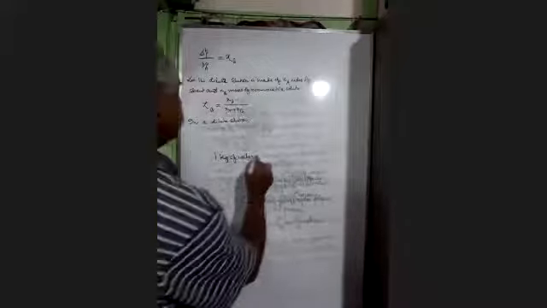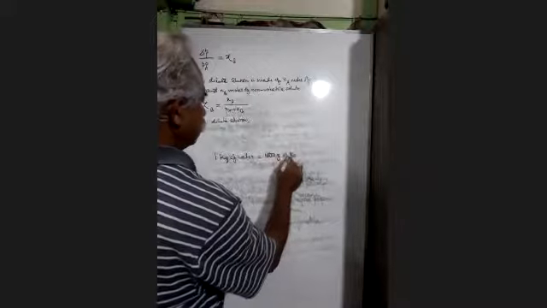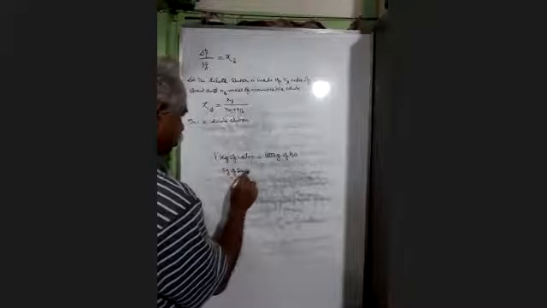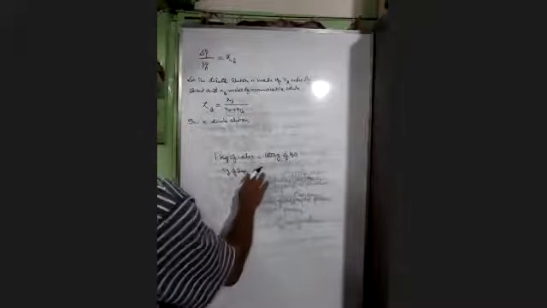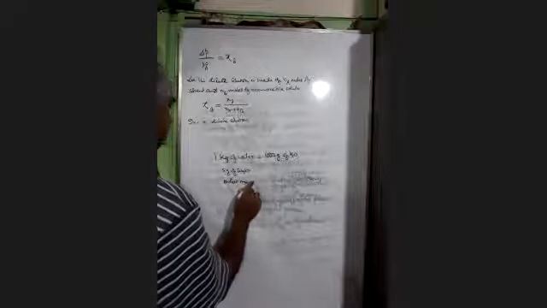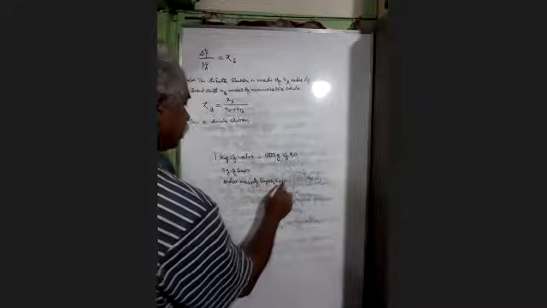Means don't write 100 gram of. There I have added say 5 gram of sugar. Molar mass of sugar, sugar I think is C12H22O11.